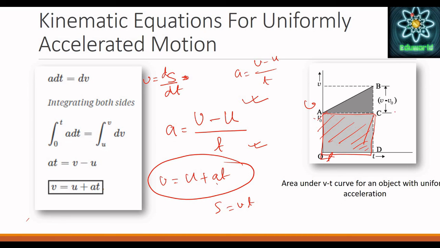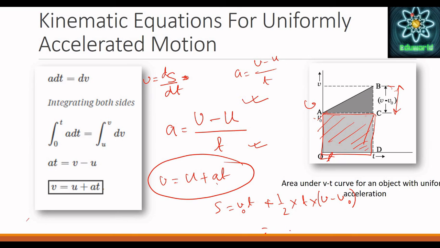Say initially the velocity was v0, so u is replaced by v0, and after time t the velocity is v. So what is this length bc? The bc is simply v minus v0. And what is the area of this triangle? Half of base into perpendicular, so plus half of base t into perpendicular v minus v0.